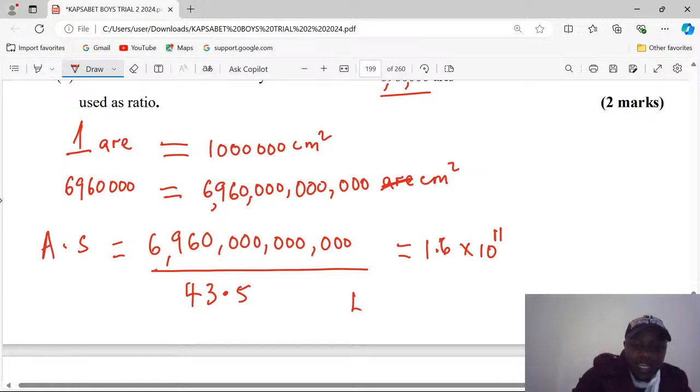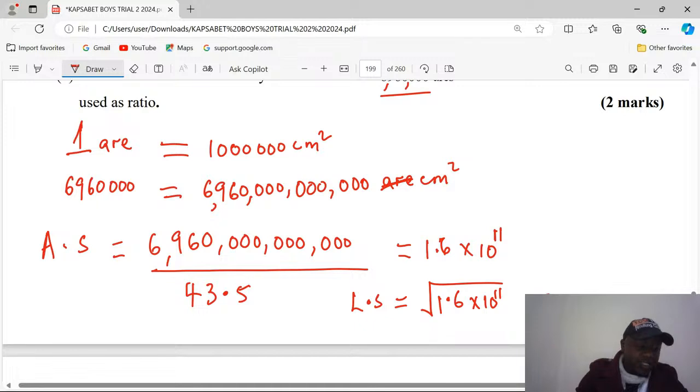So the linear scale now shall be the square root of this area scale. When you divide two areas, you get area scale factor. And for you to get the linear scale factor, you just obtain the square root. And this is going to be 400,000.